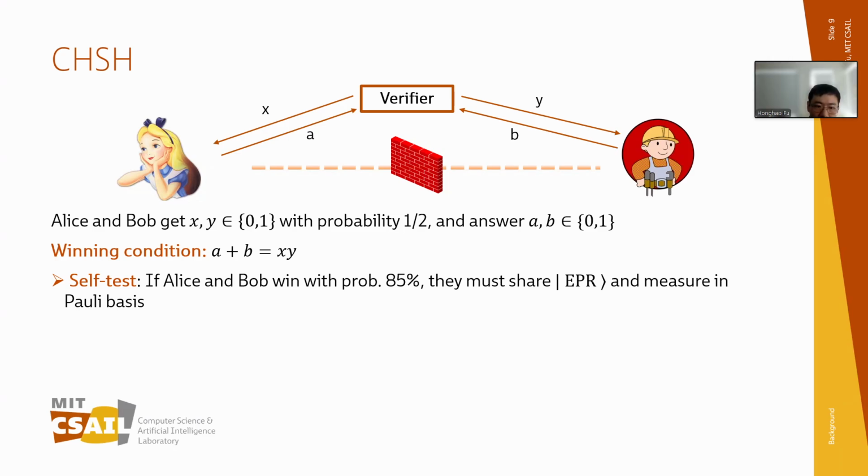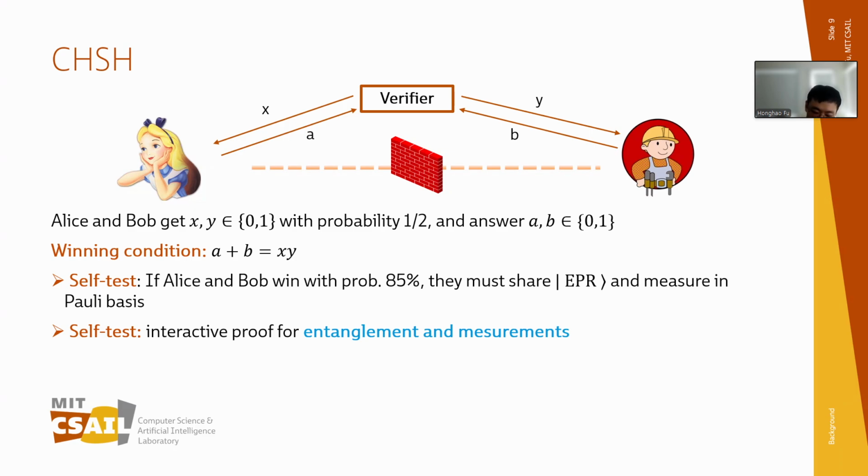Yeah, so if you look at this CHSH game from the interactive proof point of view, you can view it as an interactive proof, not for some computational statement, but for the physical property that the provers share entanglement, and they can do measurements.